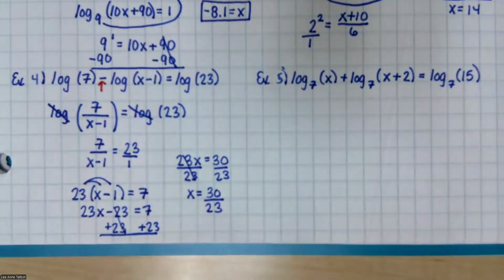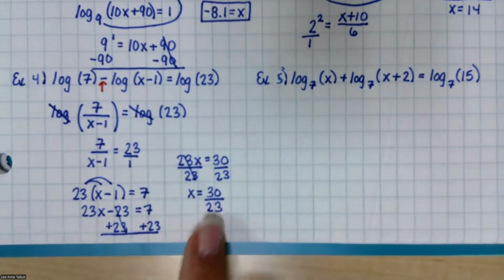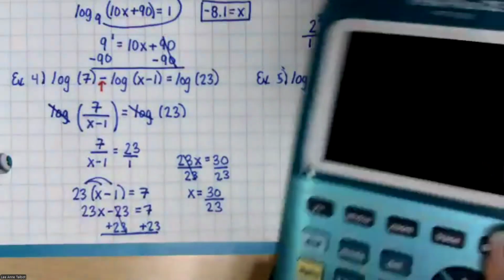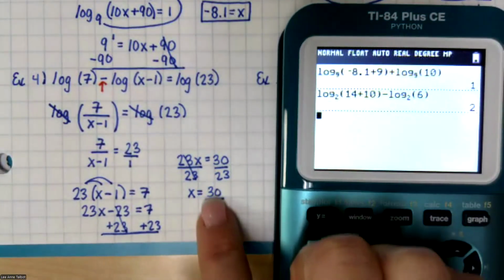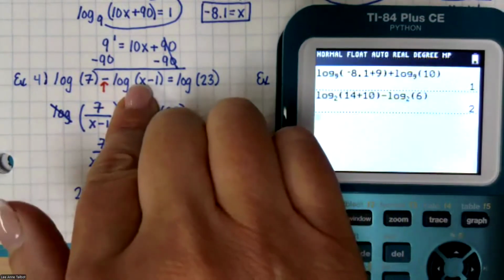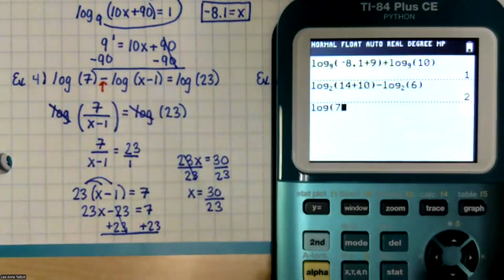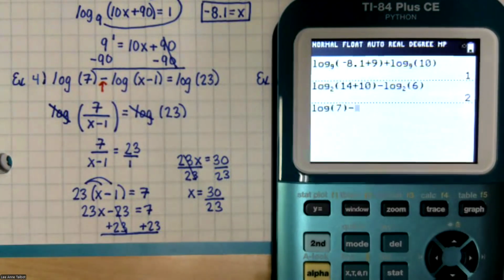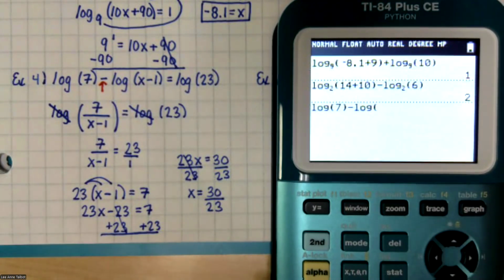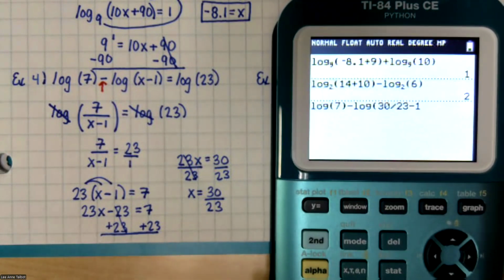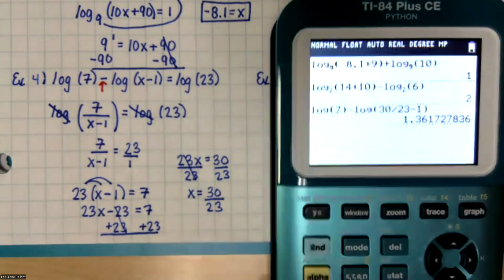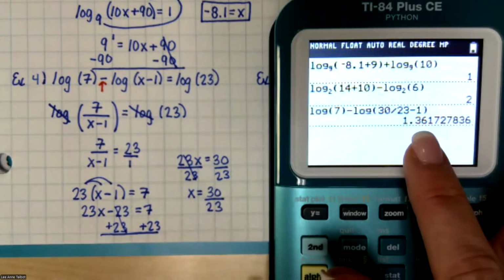Now on the other one, I found the decimal because it came out nice. This decimal is terrible, so I'm going to leave it as 30 over 23 and plug it in. You can actually plug 30 over 23 in for x. So log 7 minus log of 30 over 23 minus 1. If I hit enter, I got this.